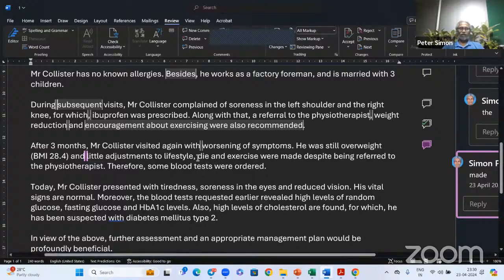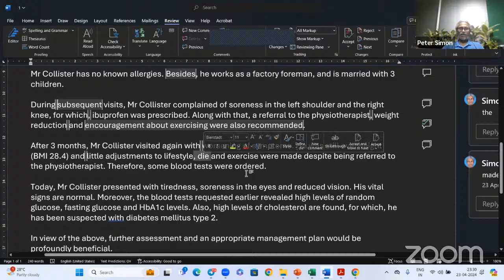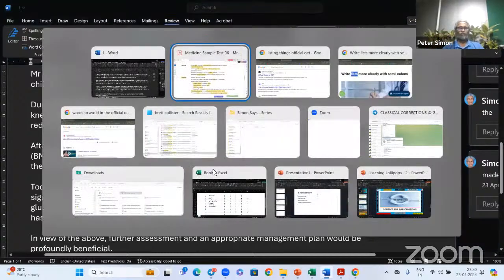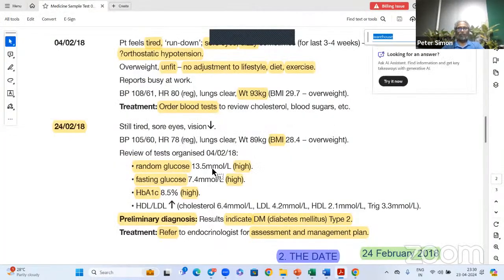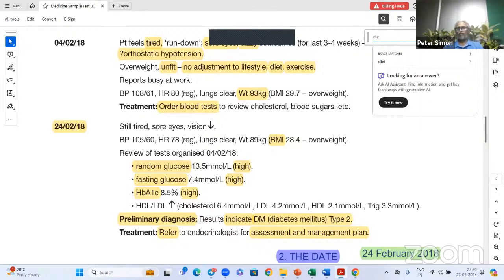Okay, die. What is this die? He was a die or he die? What do you mean here? Okay, what do you mean by die here? No adjustment to lifestyle. No adjustment, not little adjustment, no adjustment.